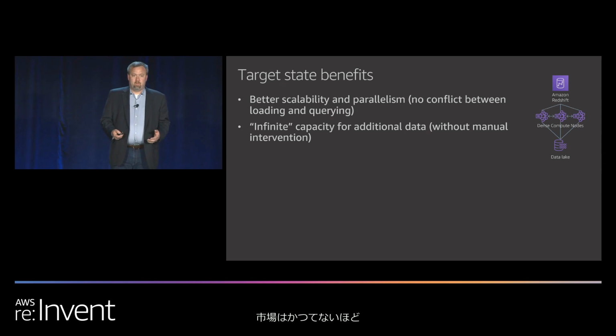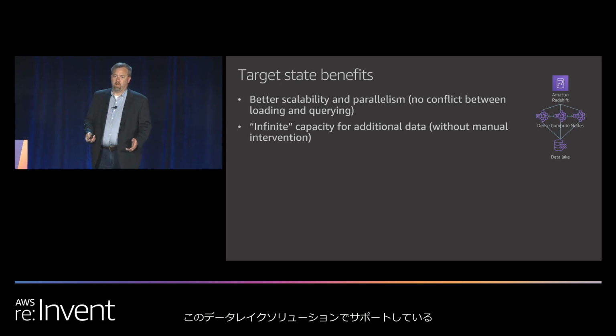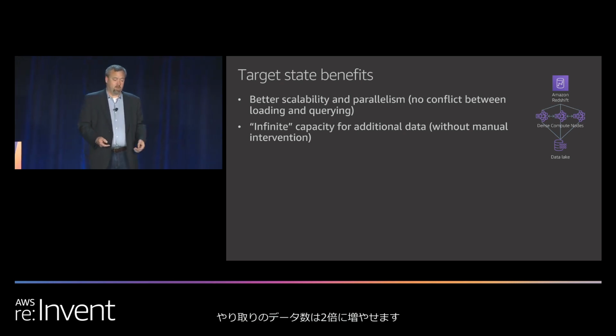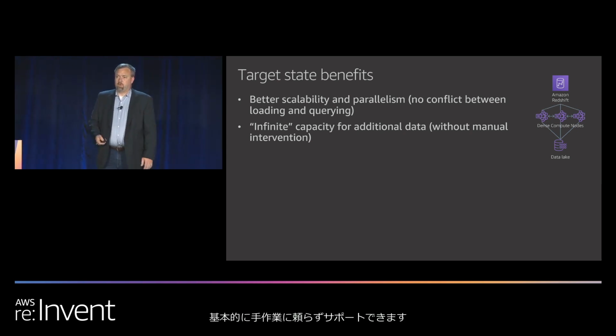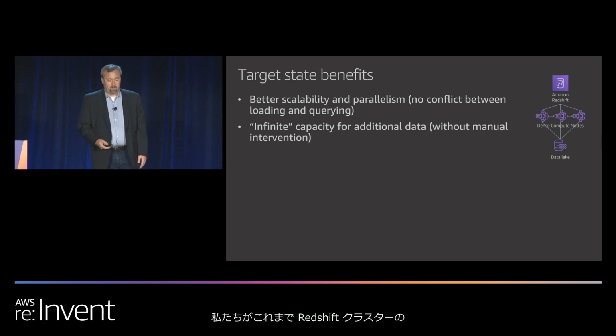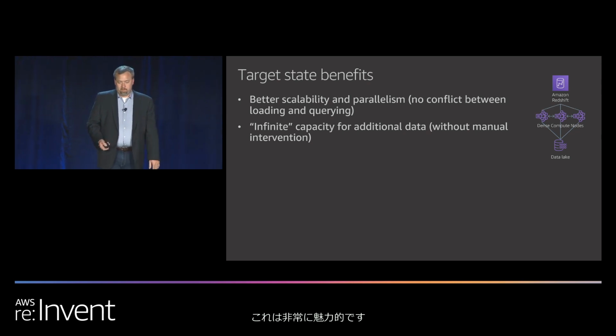We could have the most volatile market days that we've ever seen. We could double the number of exchanges that we're supporting with this data warehouse or this data lake solution and support that with basically zero manual effort in terms of the amount of data that we're storing. And that's very appealing, given all of the effort that we spent around resizes of the Redshift cluster.